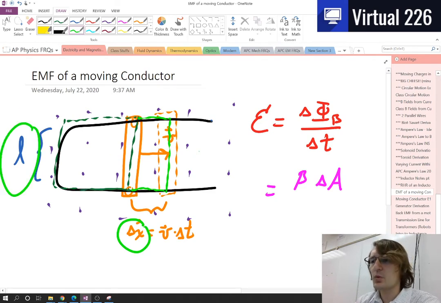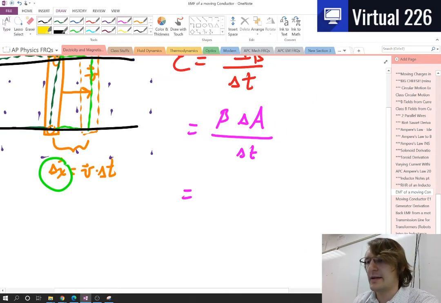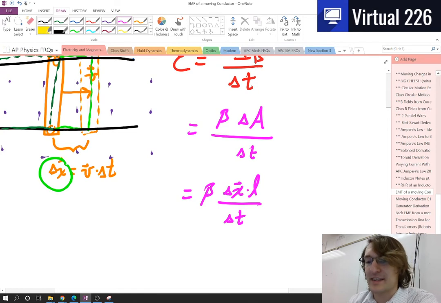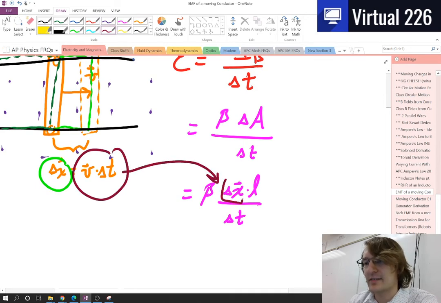So we can say here that this B delta A over delta t is really going to be equal to B delta x times the length over delta t. And the really neat thing about this is we can substitute v delta t in for delta x.